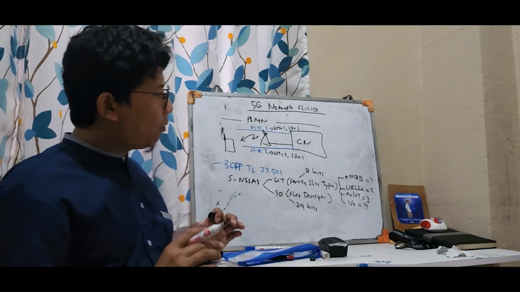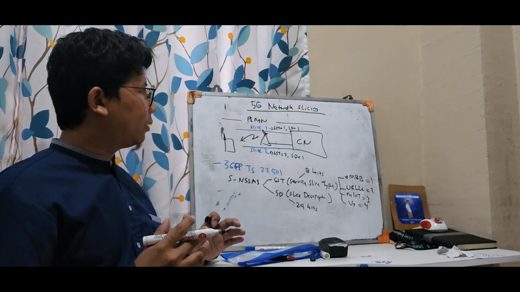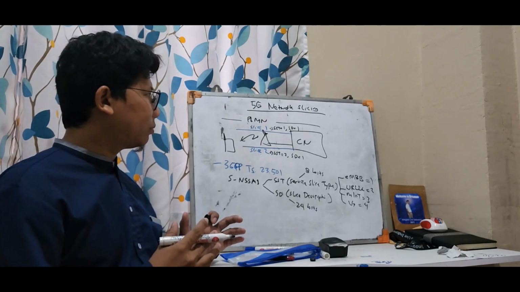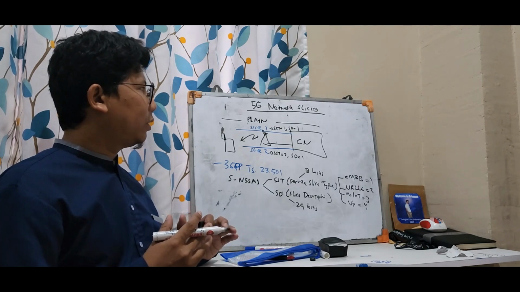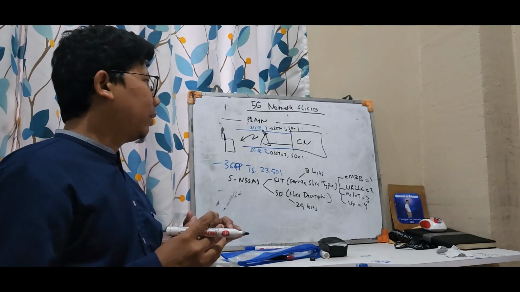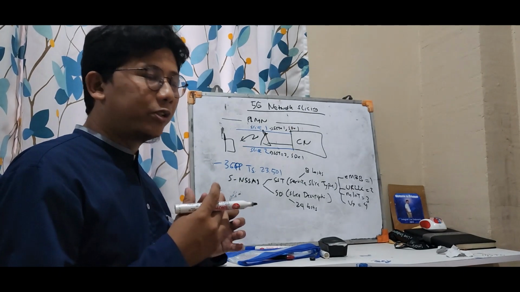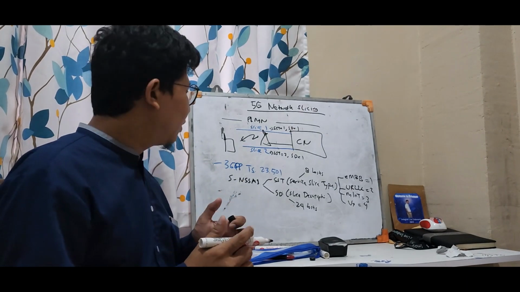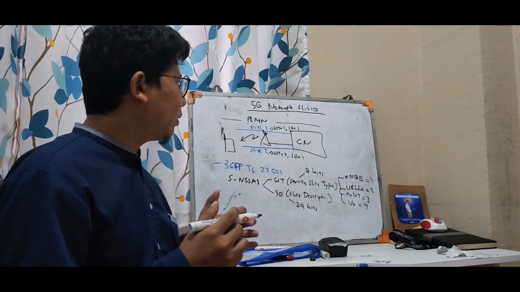Okay, once you have deployed the slice into the network, then in this case you will have a specific PDU session, packet data unit session. What does it mean?